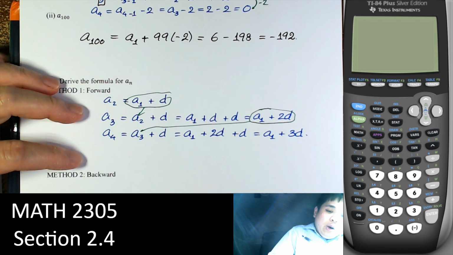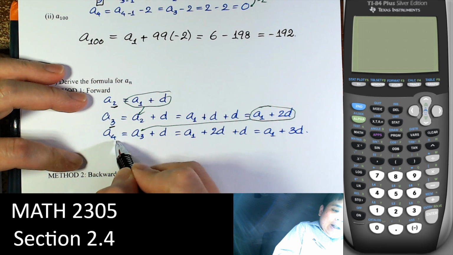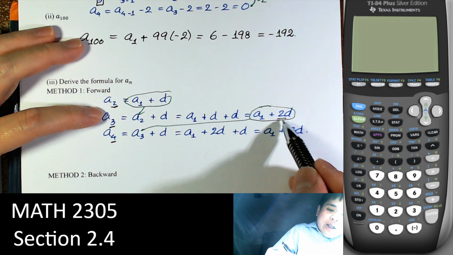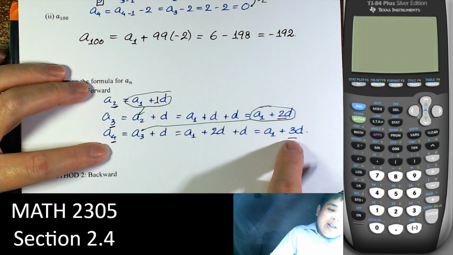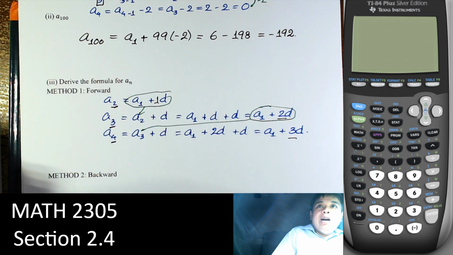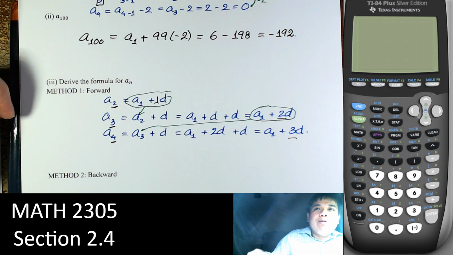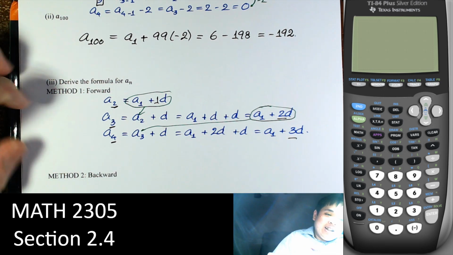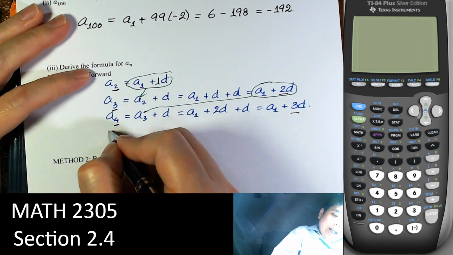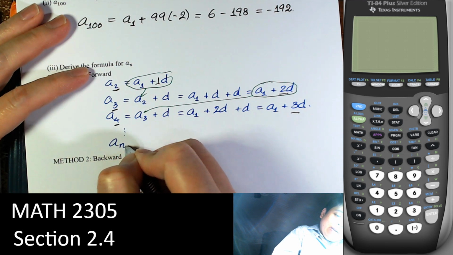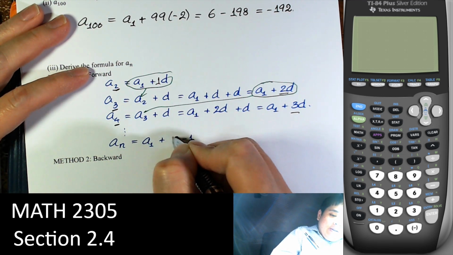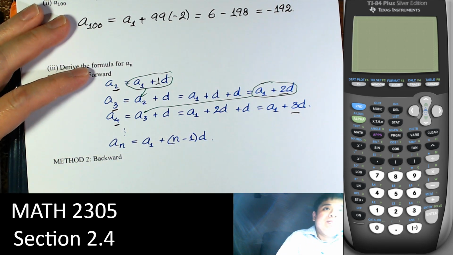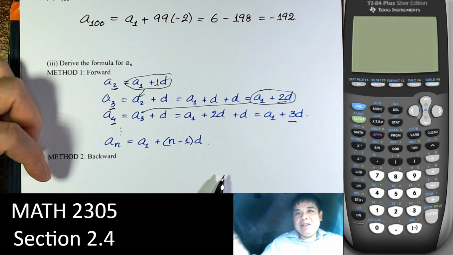So in that case, notice that the number of D's is always one less than the term number, right? There's always one less step to get from the first to the nth term. So with that, continuing, A sub n is equal to, we start from the first one and take n minus 1 steps to get to the nth term. Right, so that.